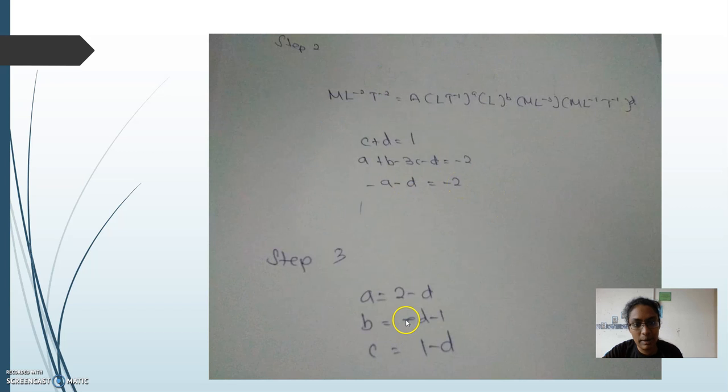From this, we can work out that a equals 2 minus d, b equals negative d minus 1, and c equals 1 minus d. Overall, the only constant left is d, which makes our equation simpler.